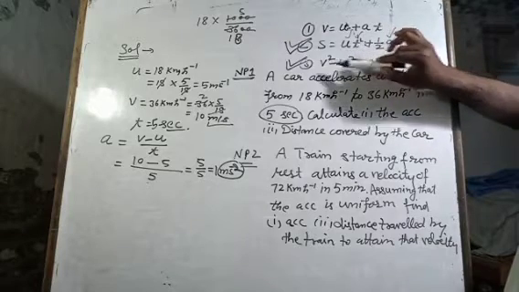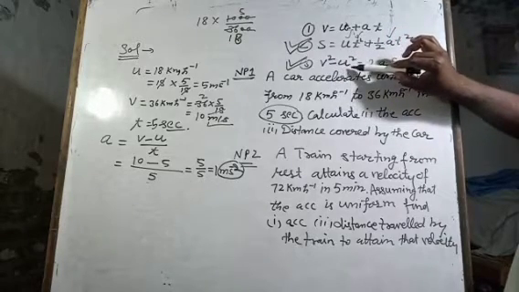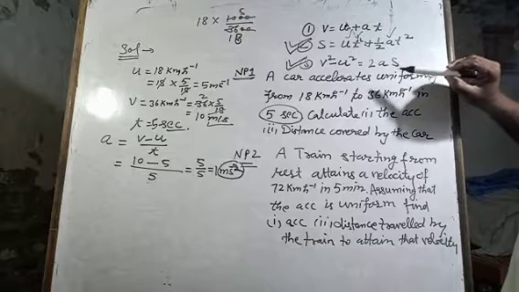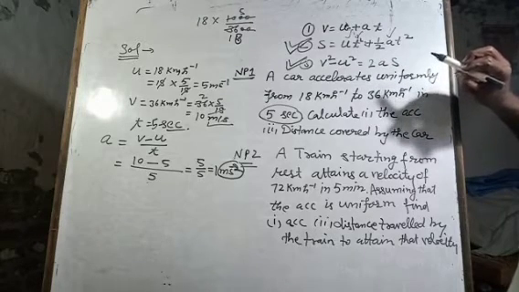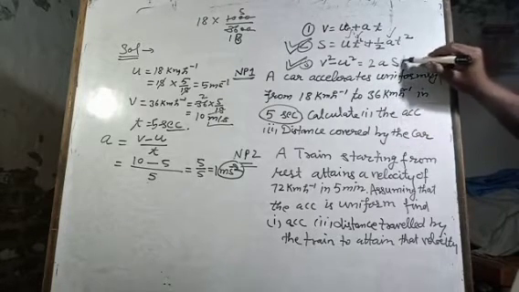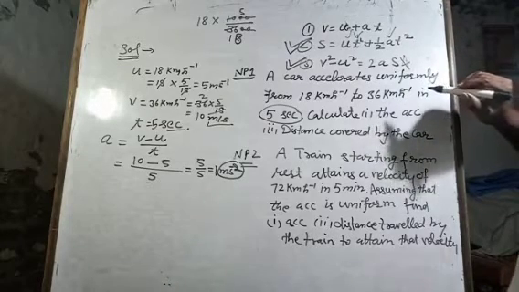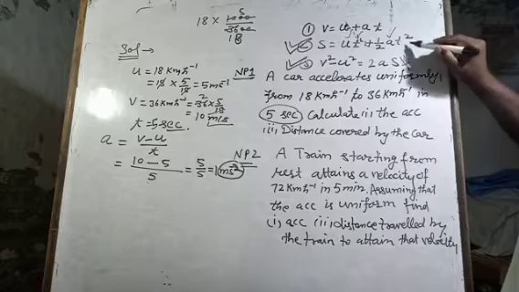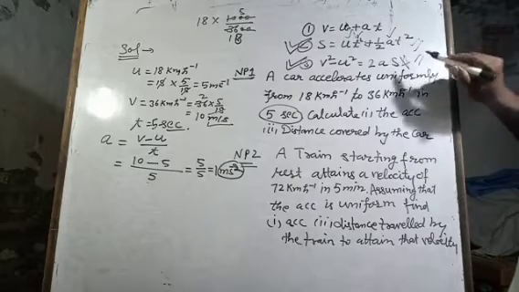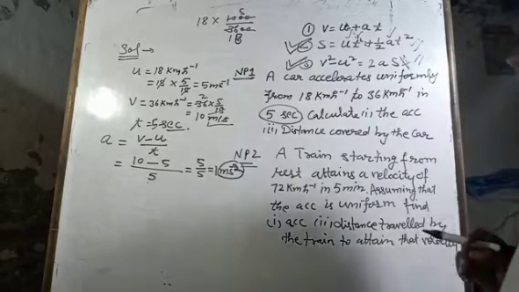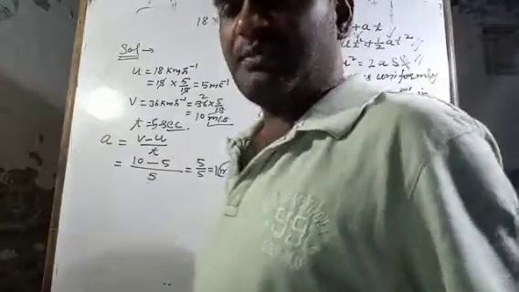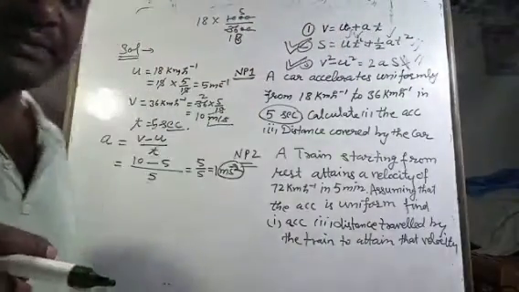Also we have v and u, and we have acceleration. So my dear student, here we are going to use this formula. It will make our calculation a little easier, and with the help of these two formulas, the same answer will be there. I can prove it if you want.